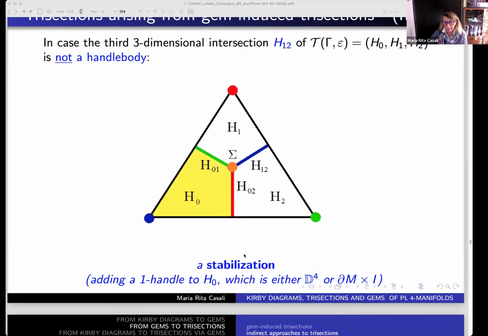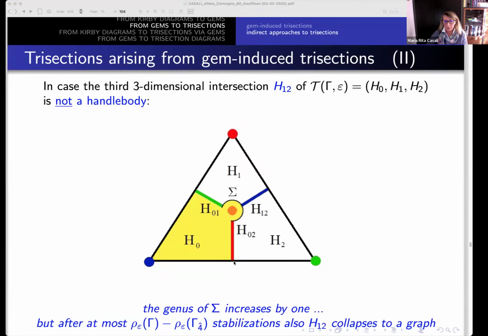At every step, the genus of the central surface increases by 1. But the collapse of the third three-dimensional intersection is ensured after a number of steps which is at most equal to the difference between the regular genus of the graph and the regular genus of the graph without color 4.